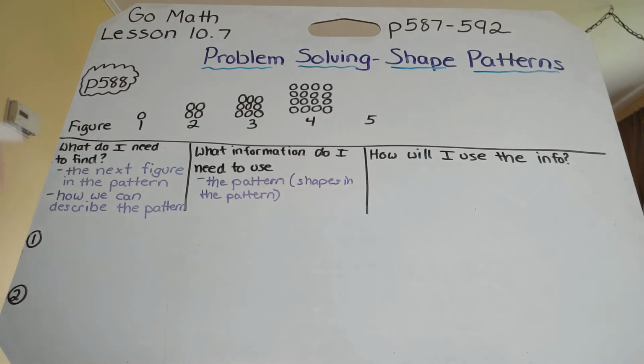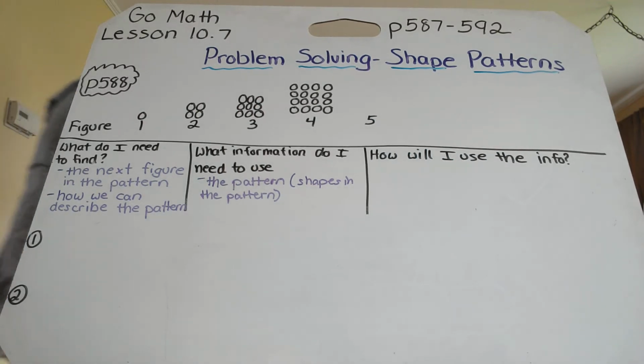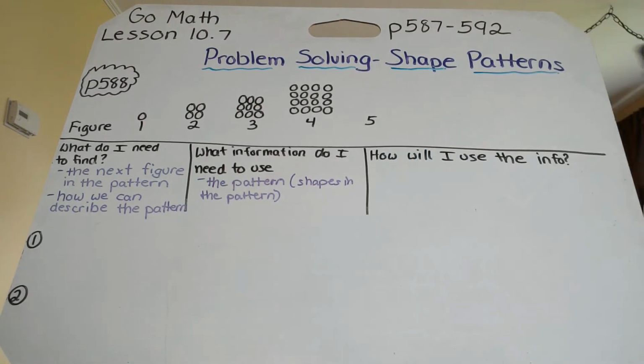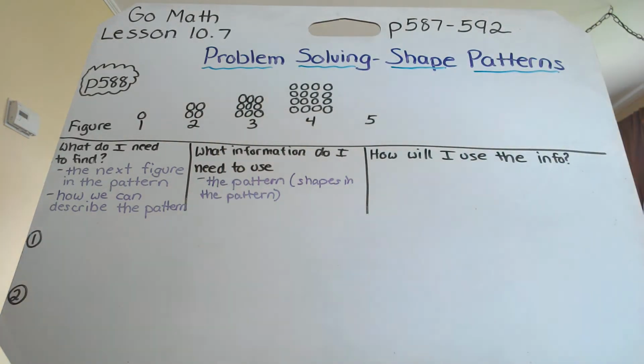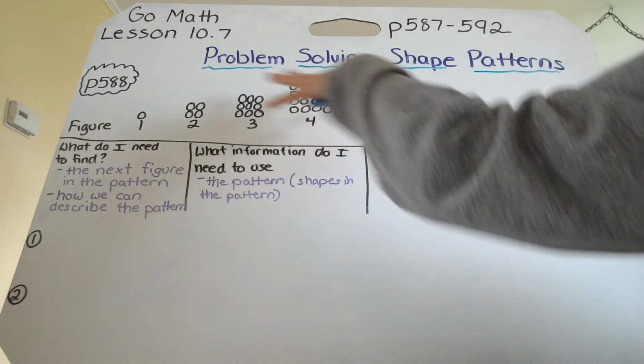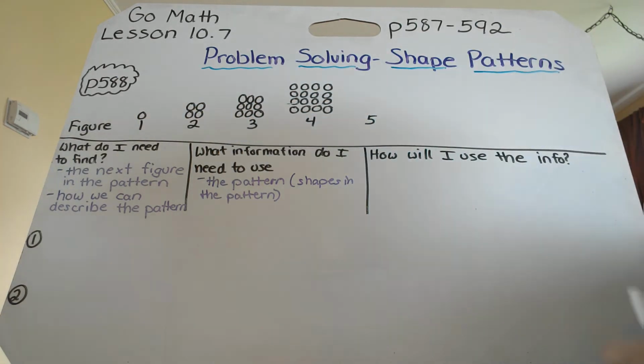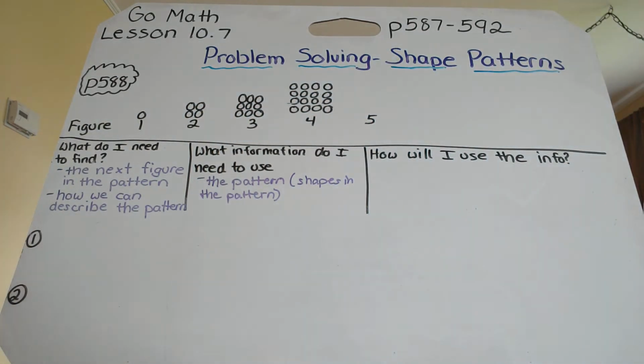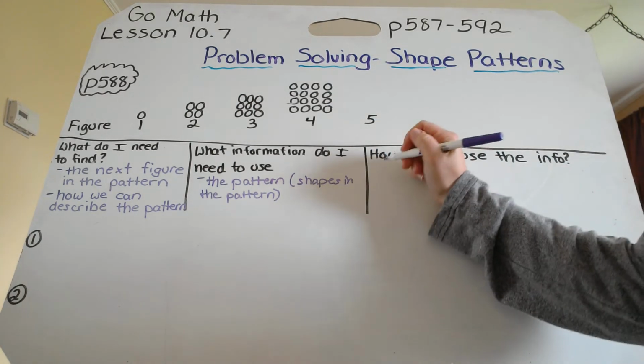So how will I use the information from the circles in the pattern? How am I going to decide what my next figure is going to be by looking at these circles up here? How will I use the information presented to me in the pattern that they gave me? Yeah, there's a lot of different ideas here.